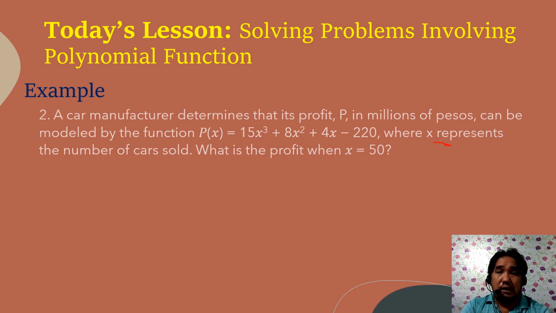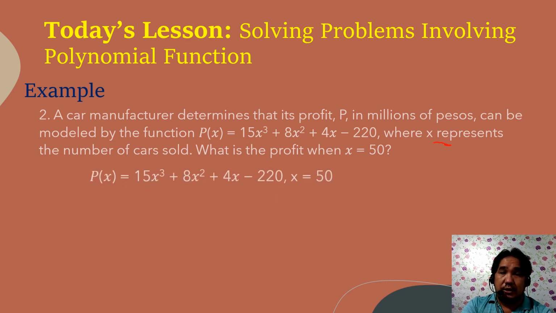What is the profit when x is equal to 50? Using our function, P of x equals 15x cubed plus 8x squared plus 4x minus 220, where x is equal to 50.